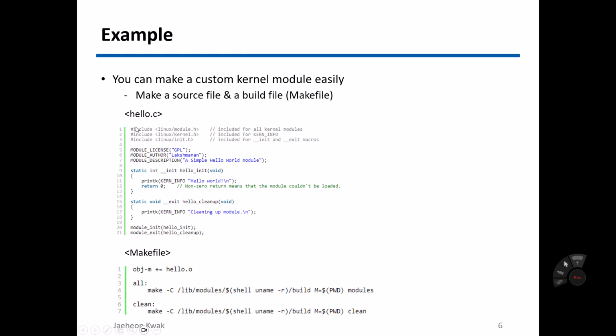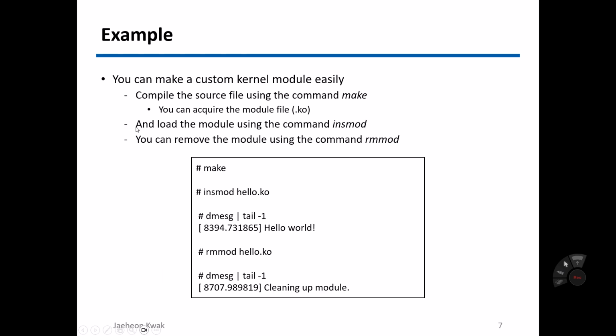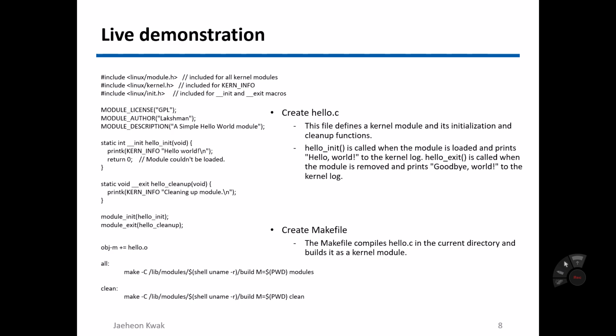Let's see this code together. Here are the guidelines. We are going to create a hello.c and a makefile to build the kernel module. This hello.c defines the kernel module and its initialization and cleanup functions.